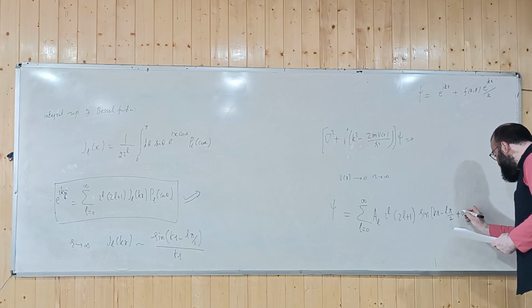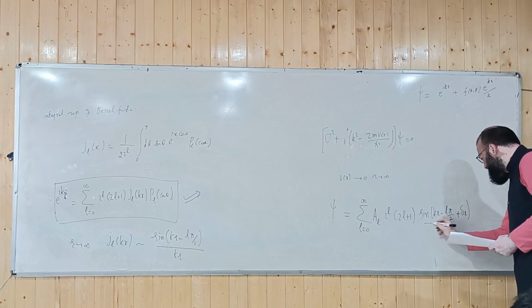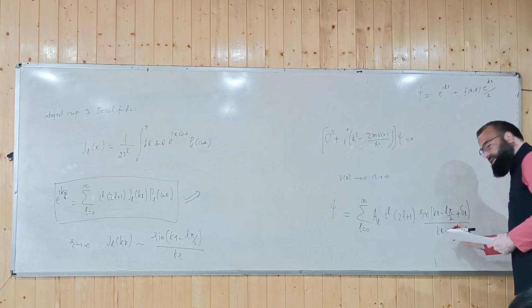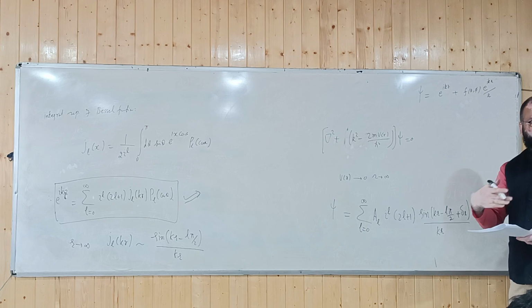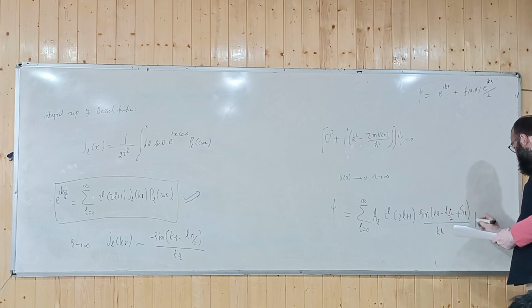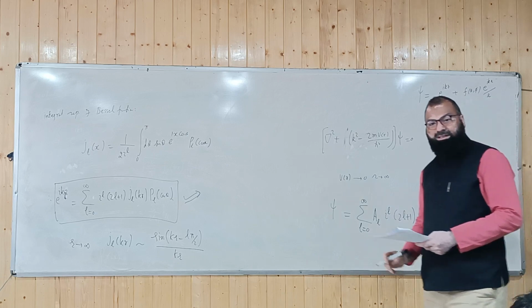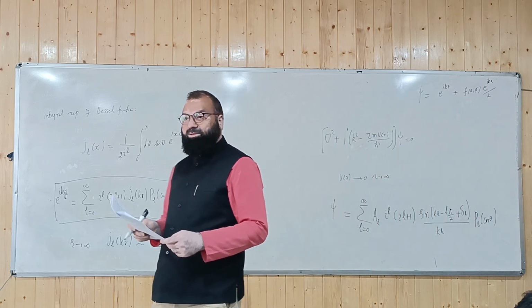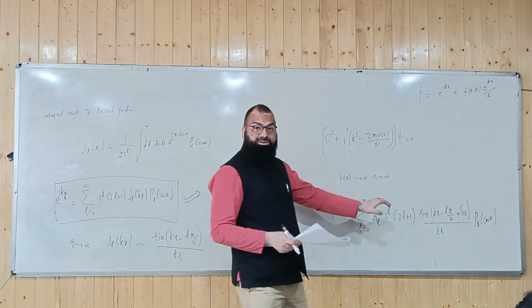Now I will introduce a phase that will depend upon the angular momentum, obviously, on the angular state in which the particle is being scattered. Then you have delta L. The spherical nature of the wave is given by these spherical Bessel functions.